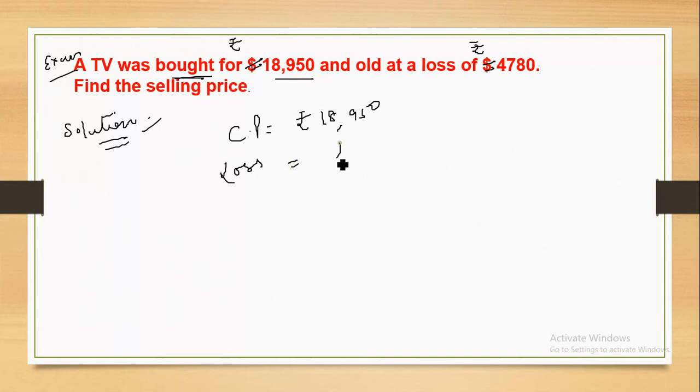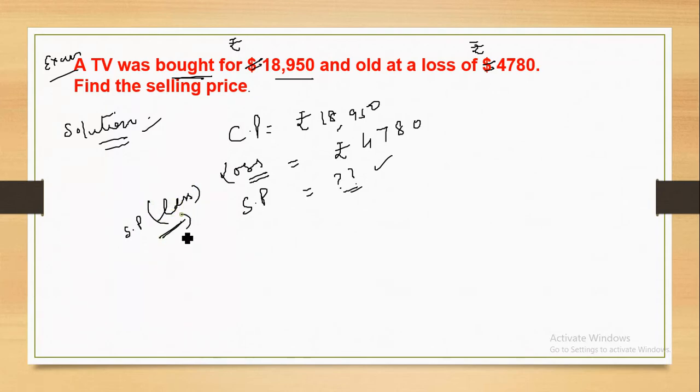And the loss is also given. Loss is rupee 4,780. What about the SP? Now you might be thinking, using that formula, how can you calculate SP? In case of loss, as you know, SP will be less, right? How would it be less? When you subtract these two items, the formula will come out as CP minus loss.